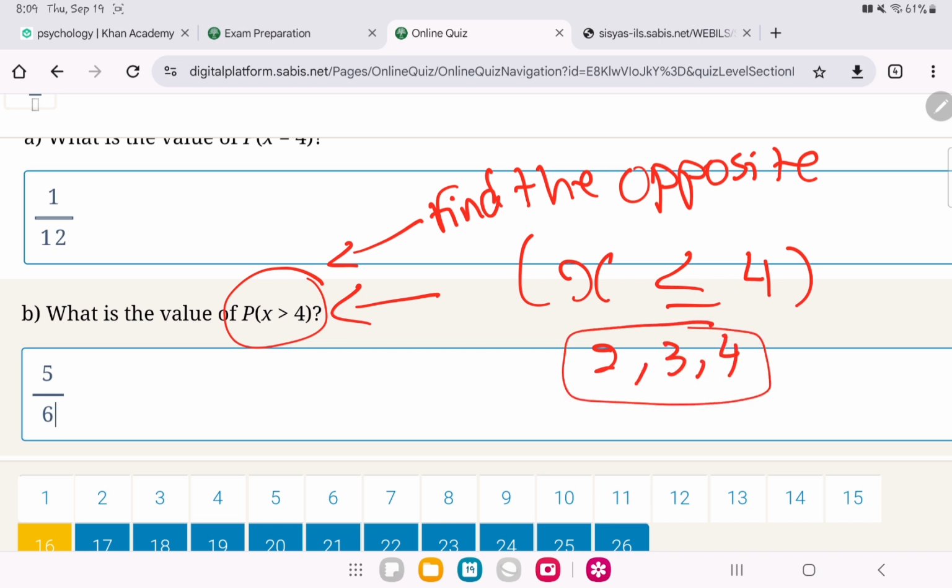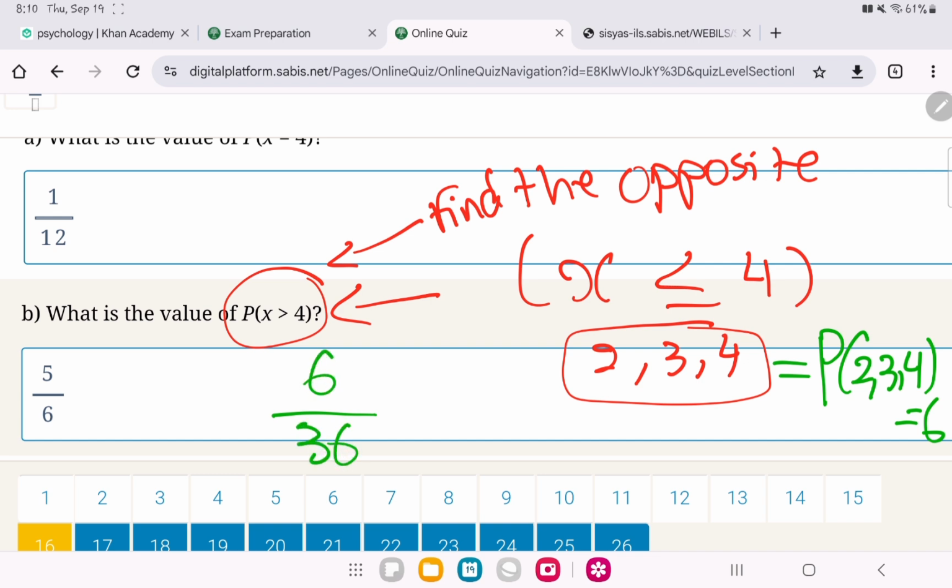We're gonna find the possibilities for each one, so in total the possibilities of 2, 3, and 4 are equal to 6, all right? And then we're gonna put it over the total number of possibilities, which is 36.